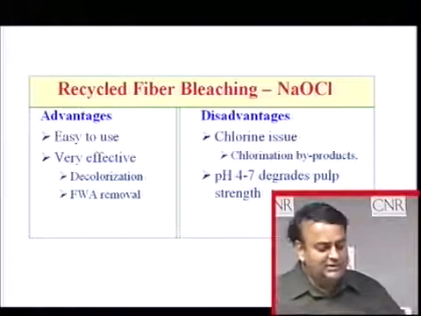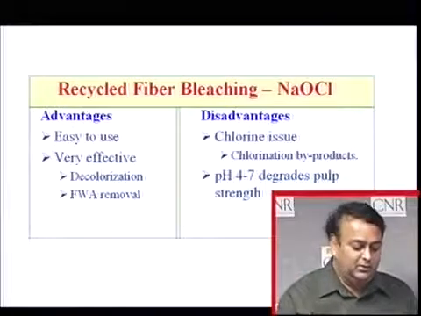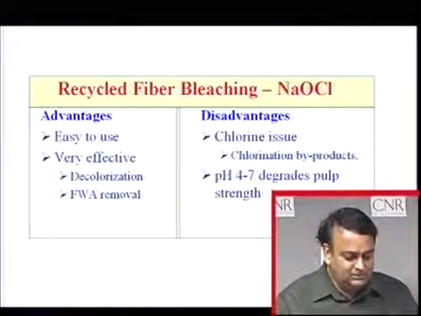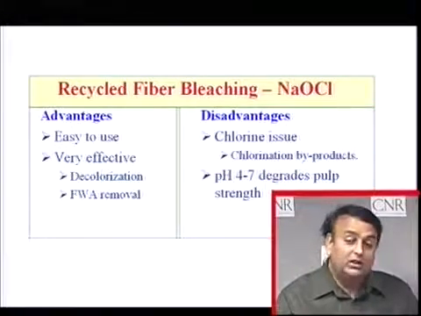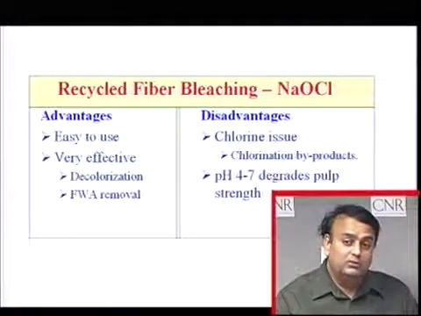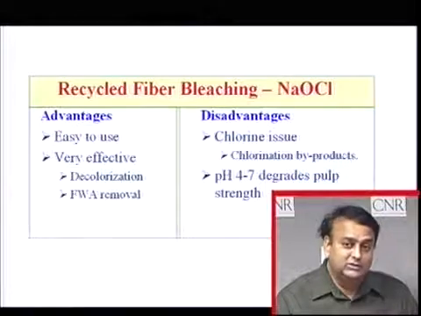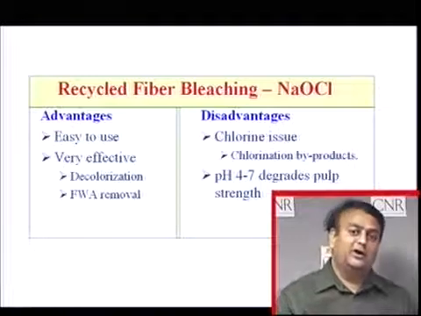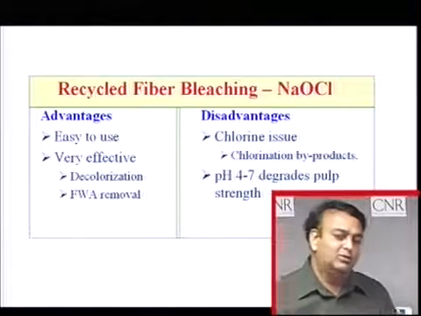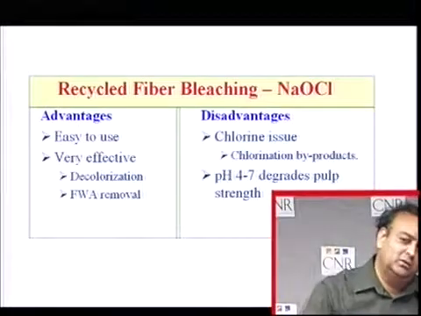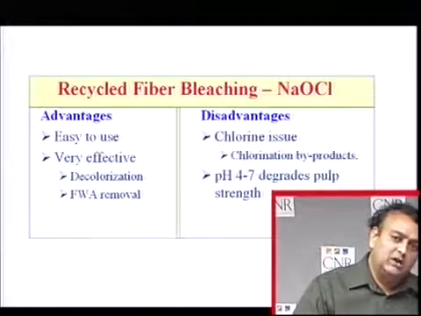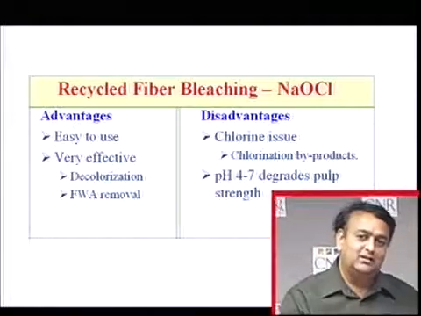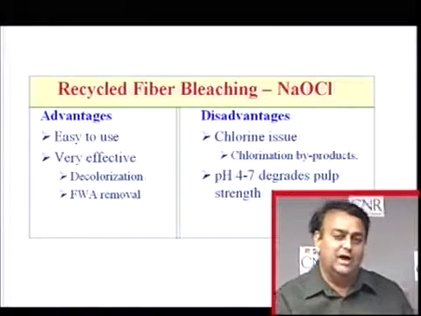What are the advantages and disadvantages of sodium hypochlorite? It's very easy to use, very effective, and it's an excellent chemical to remove fluorescent whitening agents. If your mill is making food grade, food contact grade papers, for example pizza boxes, where the inside is a white liner, you don't want fluorescent whitening agent in that paper because there are some health effects associated with that.